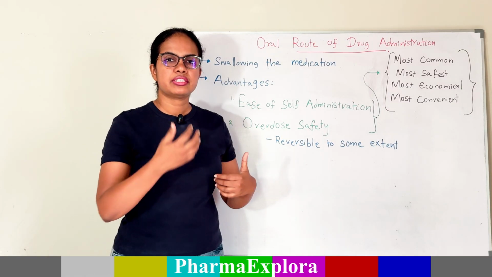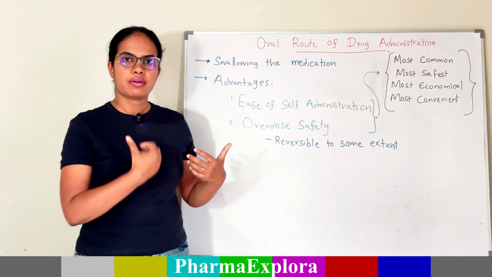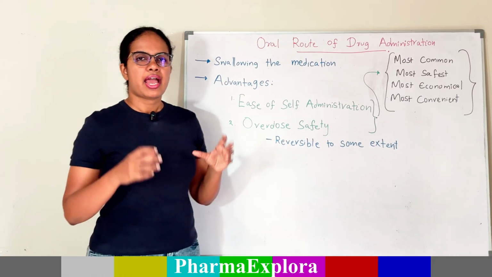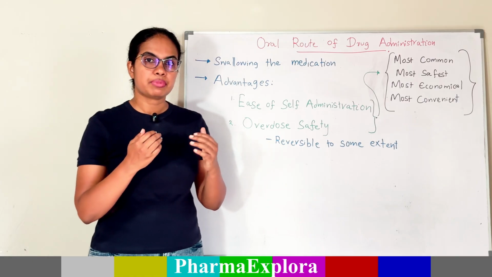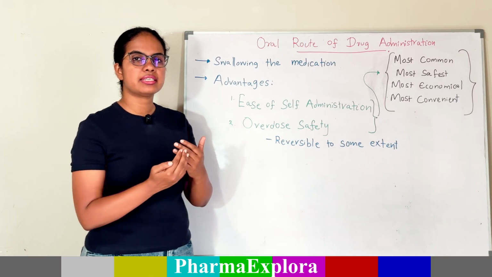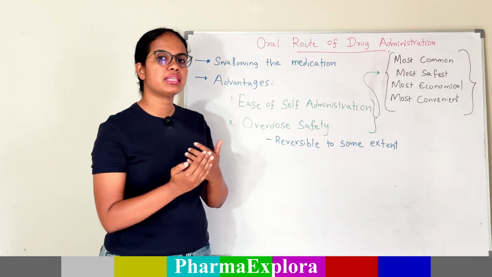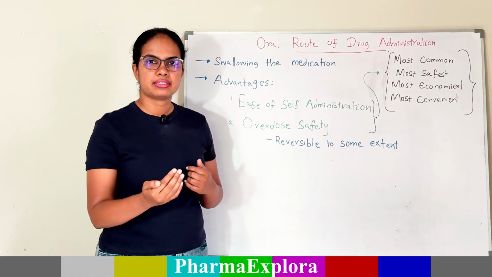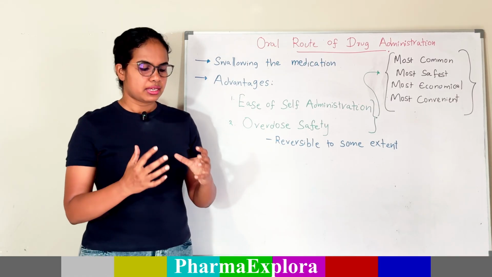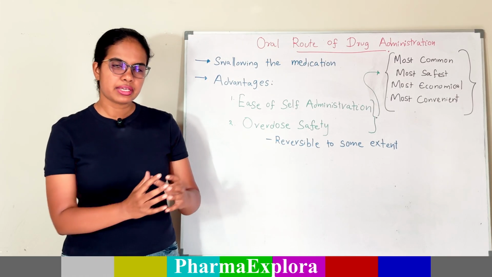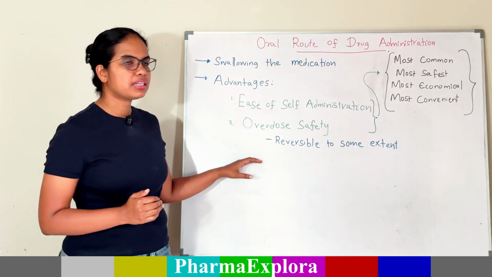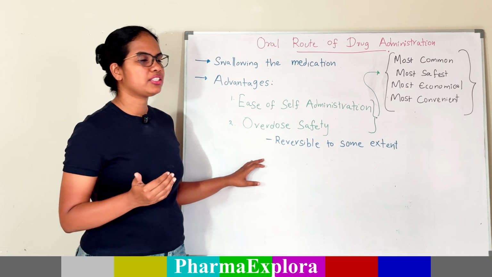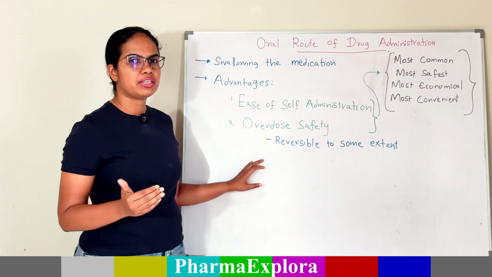This activated charcoal goes through our gastrointestinal tract and absorbs these drug molecules, and it prevents them from further absorbing into the bloodstream, so that they can be safely eliminated from our body. That is one of the greatest advantages of this route of administration.